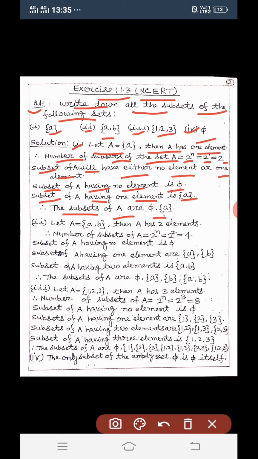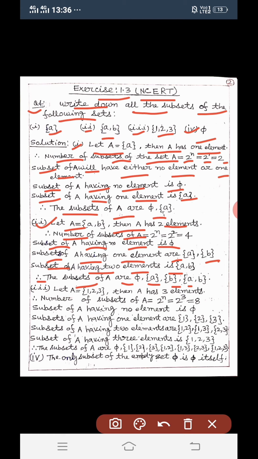Again, let A equal to {a, b}, then A has two elements. So the number of subsets of A equal to 4. Subset of A having no element is phi. Subsets of A having one element are {a} and {b}. Subset of A having two elements is {a, b}. So the subsets of A are phi, {a}, {b} and {a, b}.